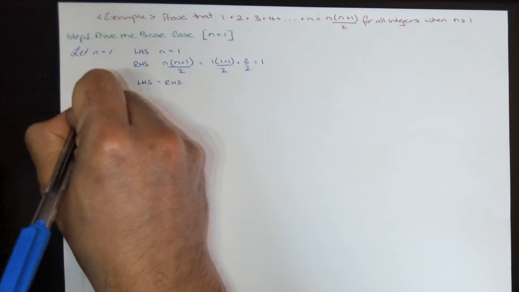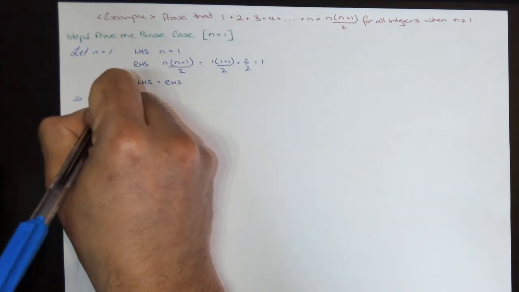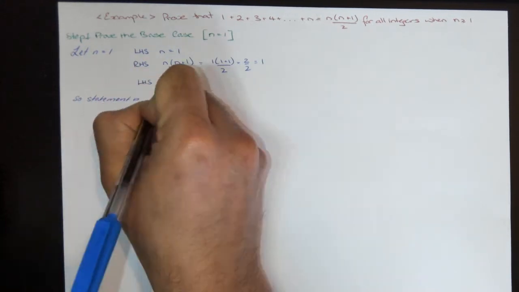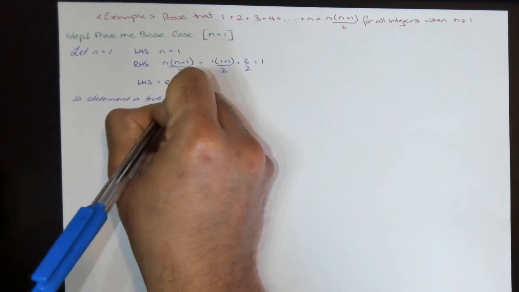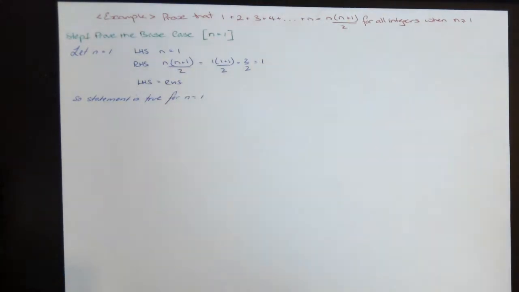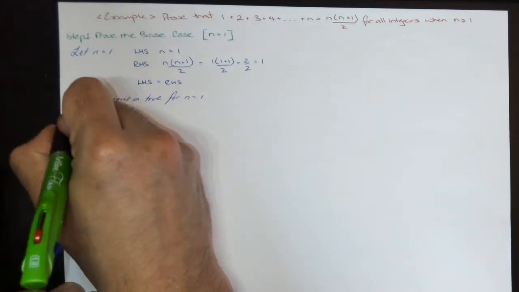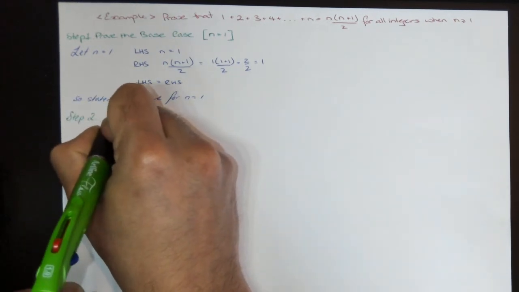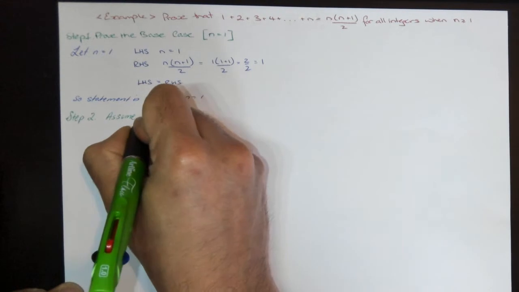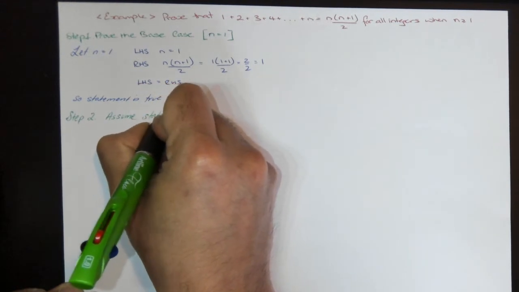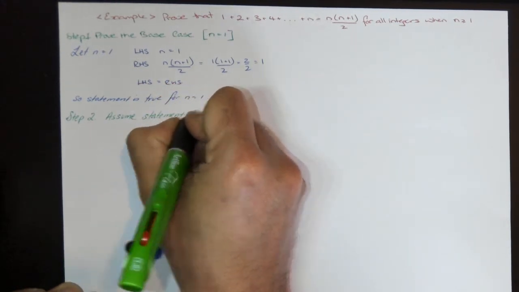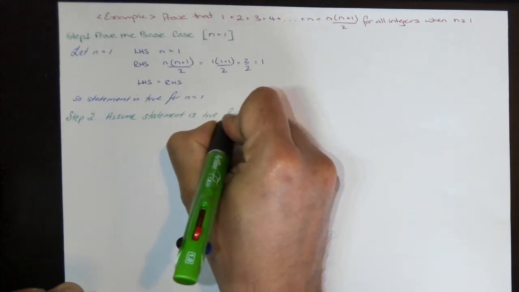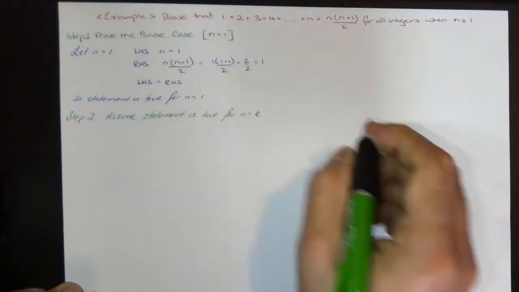So the statement is true for n equals 1. And what that means is that the first domino has fallen. Step 2 is we want to assume the statement is true for n equals k.